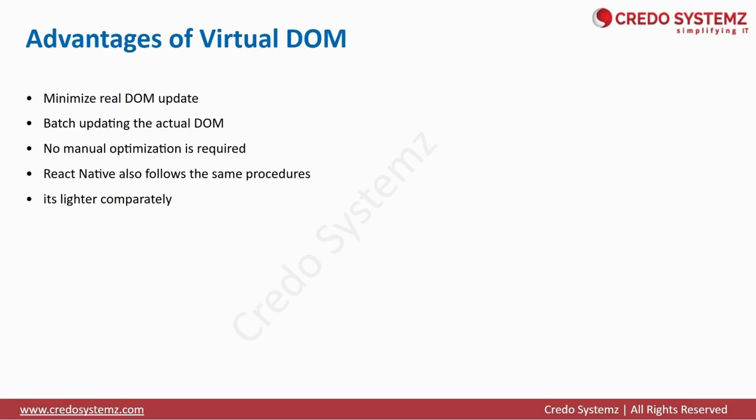Because of that, React is able to provide better performance compared with other approaches. If you understand how the virtual DOM works in React, then the same is applicable to React Native, the mobile app development framework using JavaScript.